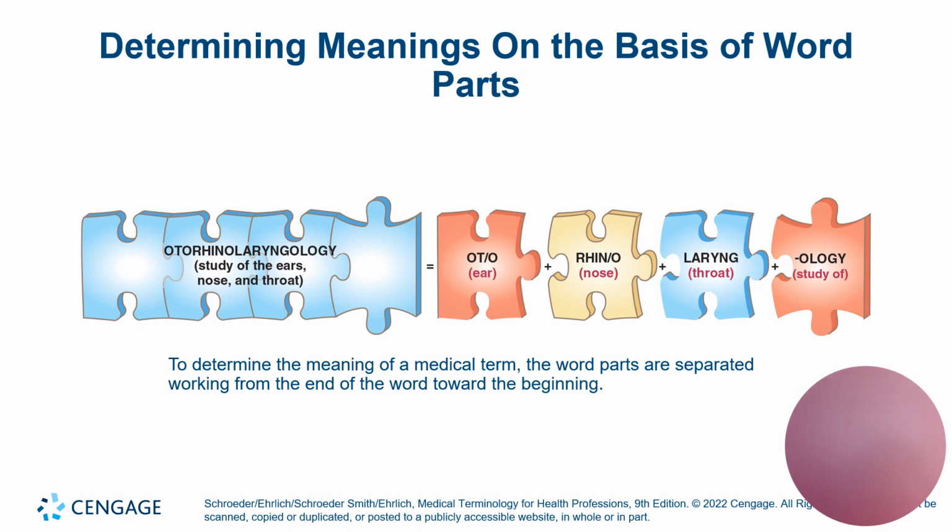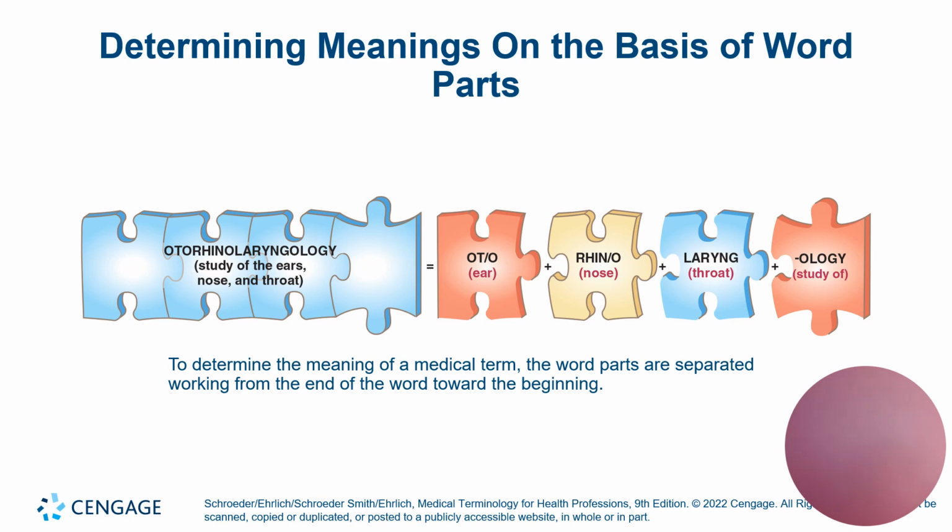Let's look at a word and let's break it apart and figure out exactly what it is saying. So we have the word otorhinolaryngology. The suffix ology means the study of, so we're going to be studying something.